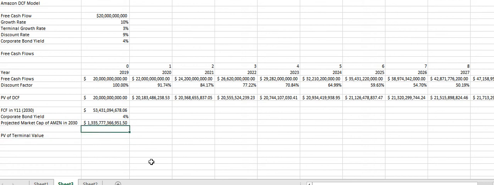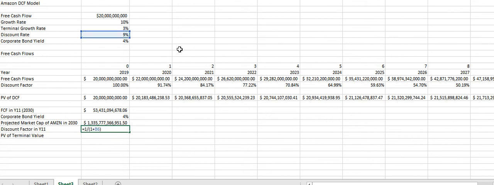So to get the discount factor, we'll call it year 11, it is equal to 1 divided by 1 plus the discount rate of 9%.